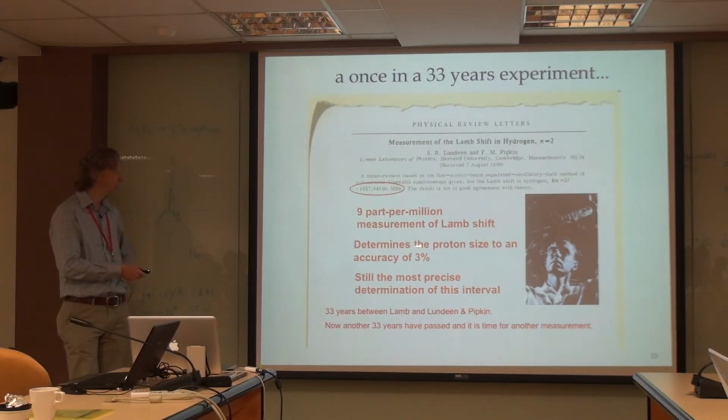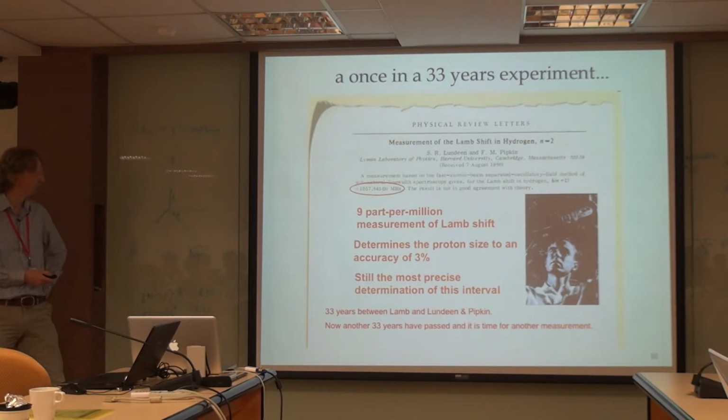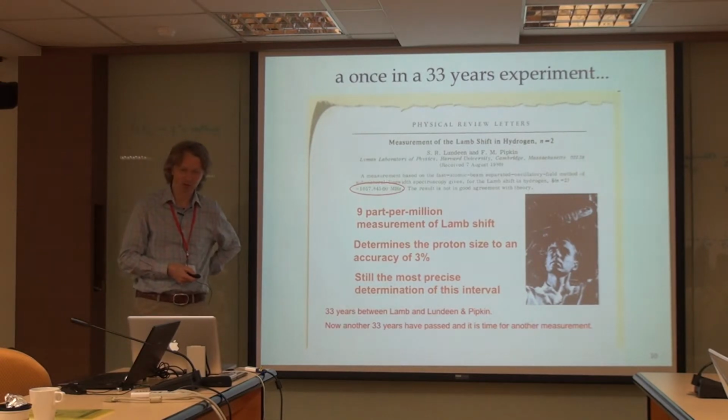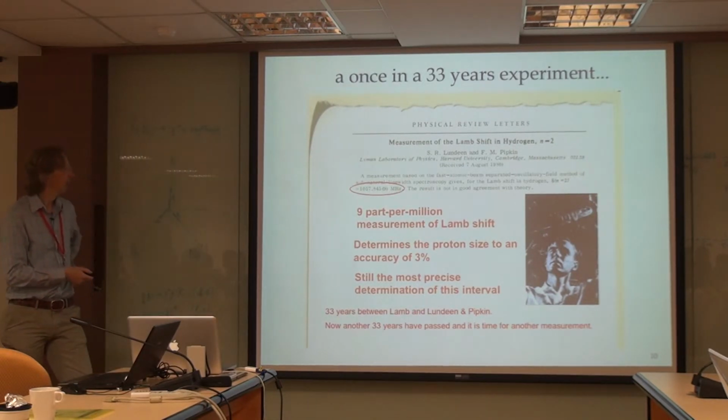So one would like to improve this number, because at present this is still the most precise measurement from the Lamb shift. Now these experiments are quite tough on the ordinary hydrogen, more complicated actually than the muonic ones. And such experiments are apparently only being done once every 33 years, because this experiment came 33 years after the pioneering experiment.